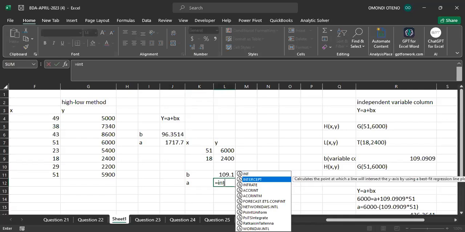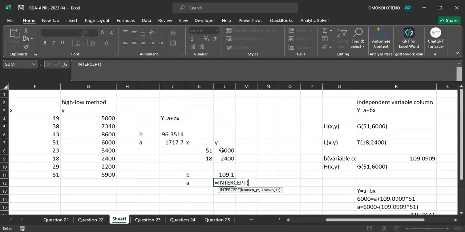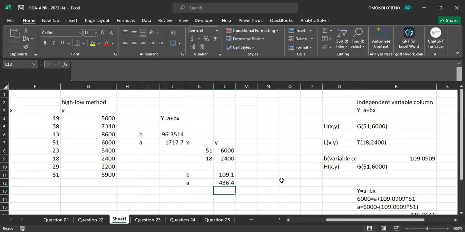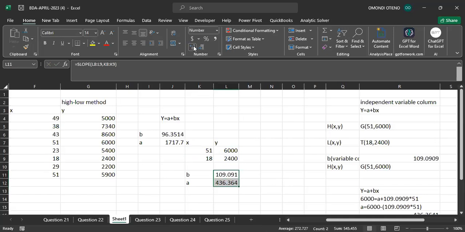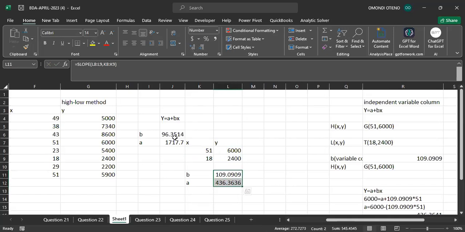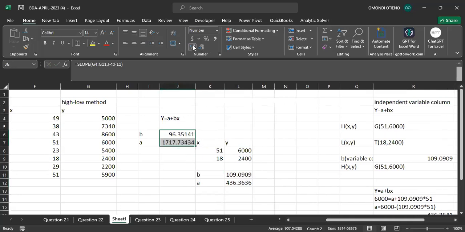Intercept. If you want to get known values of y, known values of x. Are we getting the same thing as what we had the other side?